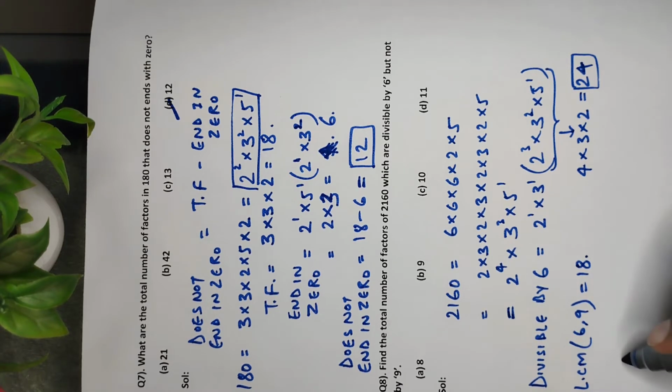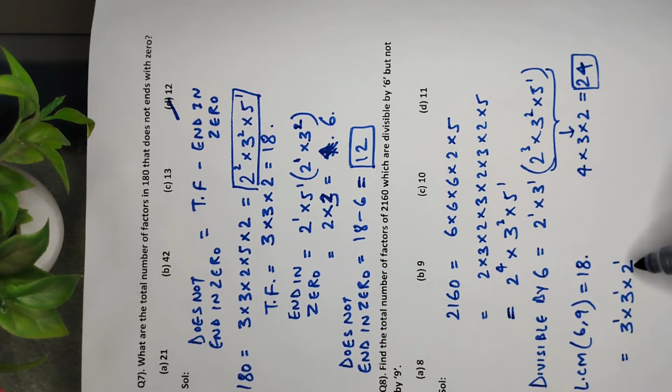So 18 is made up of 3 times 9, 9 2 times 18. That is how we can write 18 in the form of prime factors.